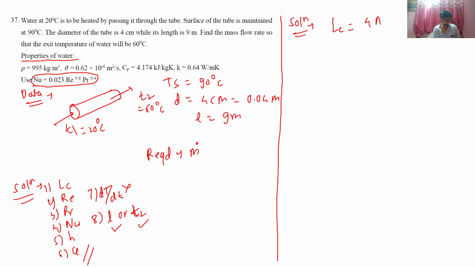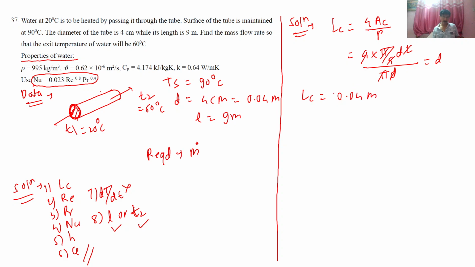The formula is 4 times area of cross section upon P. The cross-sectional area is pi by 4 d square, and the perimeter is along the cross section, the length of this circle, pi d. So d gets cancelled, pi gets cancelled, 4 gets cancelled. It becomes only d. So Lc is the diameter, 0.04 meter.